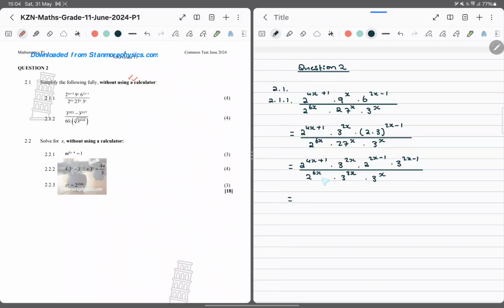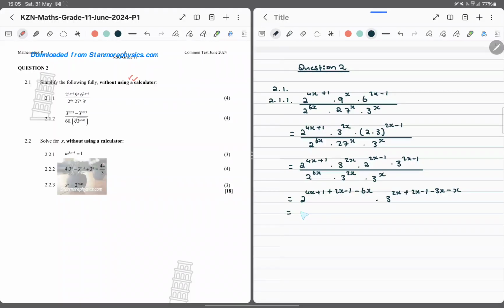So this is equal to, so we can see these denominators share the same bases with the numerator, so we sort it out. So this is going to be 2 to the 4x plus 1. Then we subtract. No, we don't subtract, we add that exponent. Then we subtract 6x, okay, times 3 to the 2x plus 2x minus 1, and then we subtract 3x and subtract x.